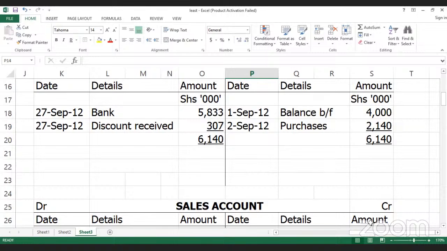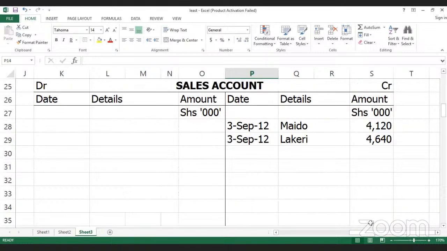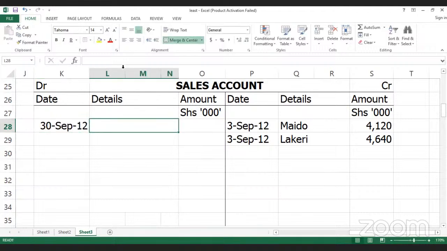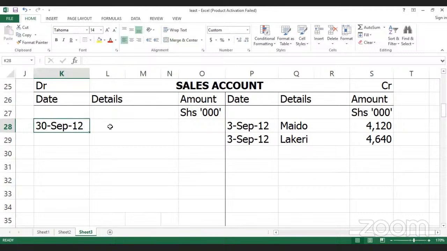Let's move to the sales account. Members, with the sales account, which side is greater? Credit side. The credit side is greater. Okay, so we have to insert a balancing figure on the smaller side at the end of the month. That is 30th September 2012.